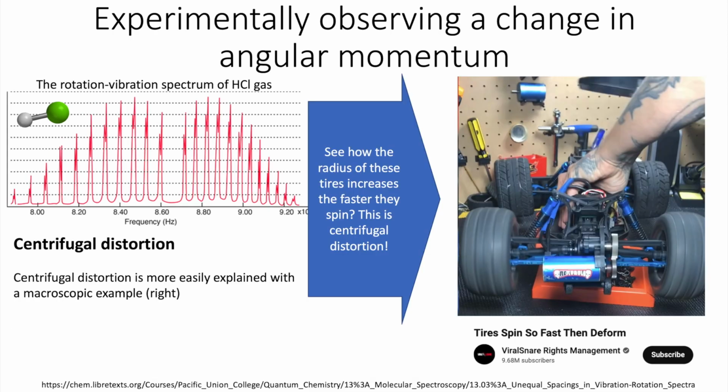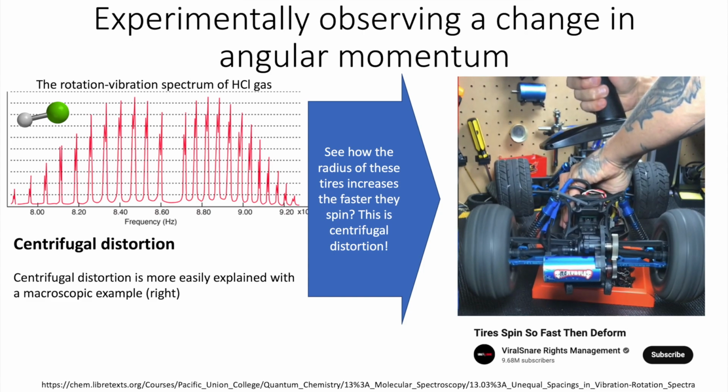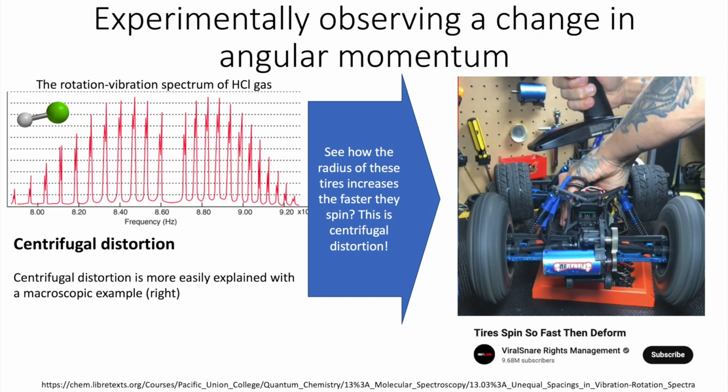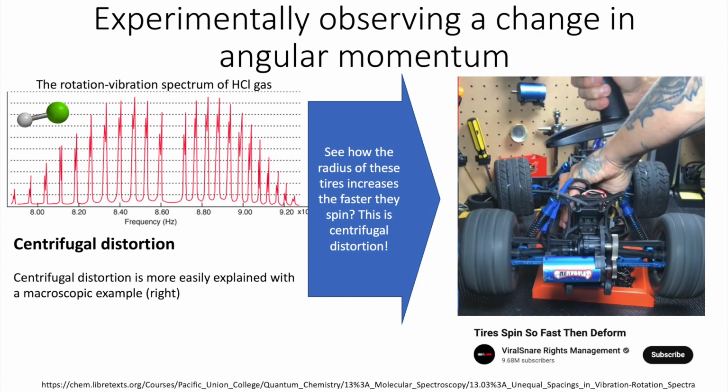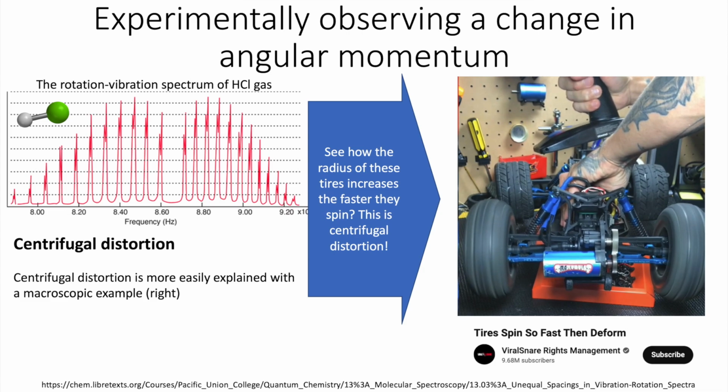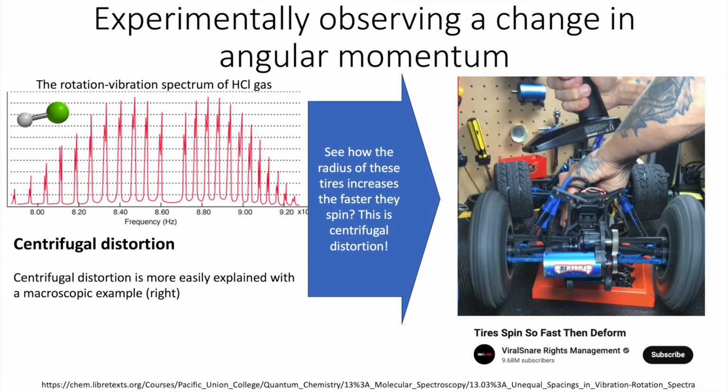All right, so now we're on to centrifugal distortion. Well, this one's actually pretty quick to explain. Let me show you a video instead of talking about it. So if you look at this remote controlled car here, he's got some really powerful electric motor, and the faster he spins it, the faster the tires spin, and look, they're actually deforming.